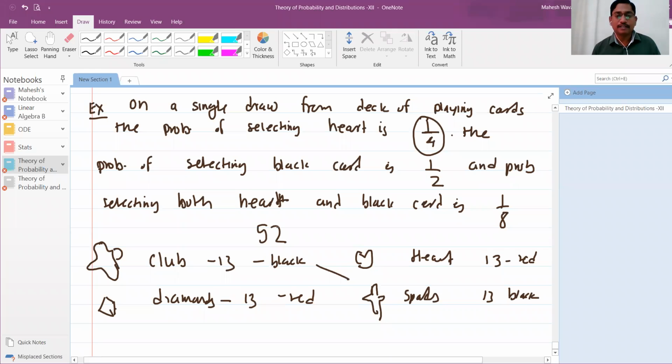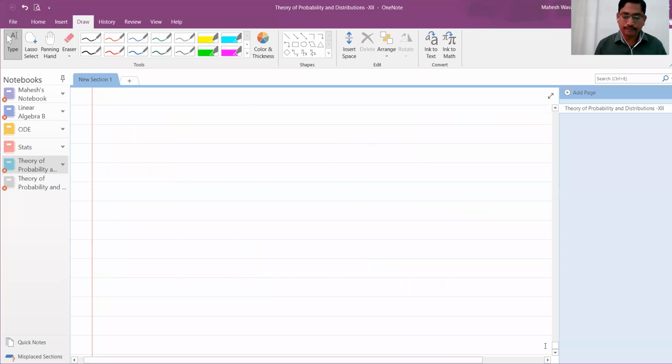Now what card do we have to take? Take a heart and take a black. Is there such an event? There is no black card which is a heart. So this probability has to be 0. So that is the error. The probability of selecting both heart and black card is 0. It should not be 1 upon 8. So that is the error in this statement. Okay, more examples we will discuss in the next class.